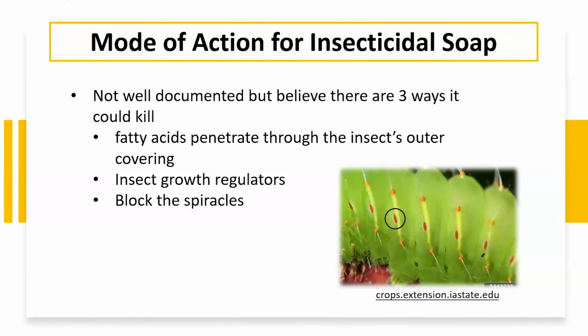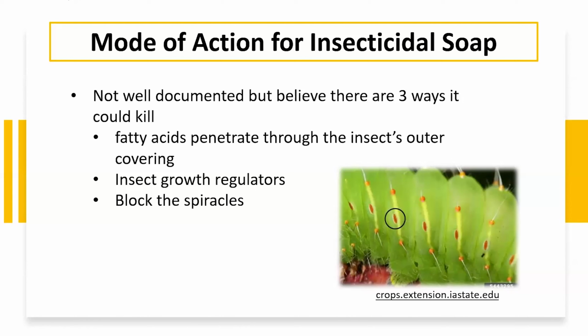The mode of action for the insecticidal soaps is not really well documented with a bunch of research. There is some, but they haven't done much. They can't really tell, but what they believe is three different modes of action. Modes of action means how it actually causes damage to those insects.